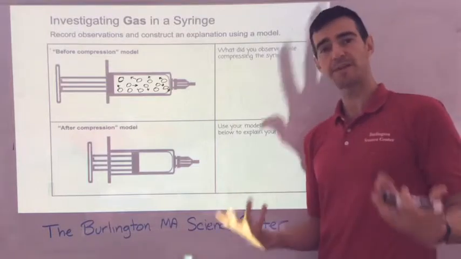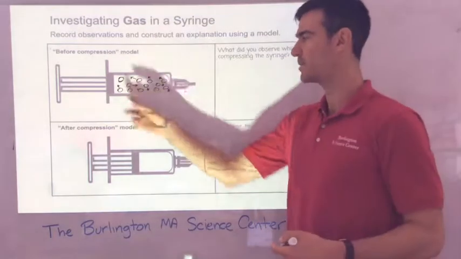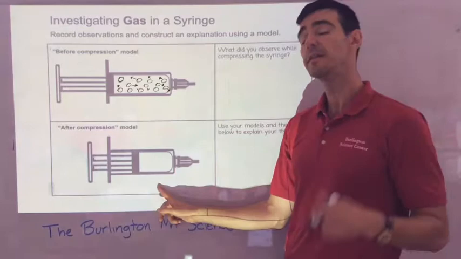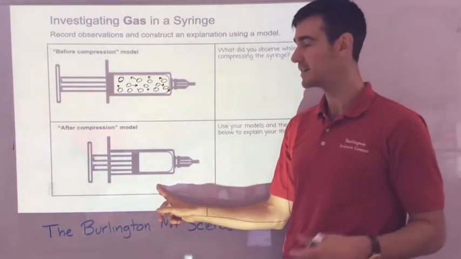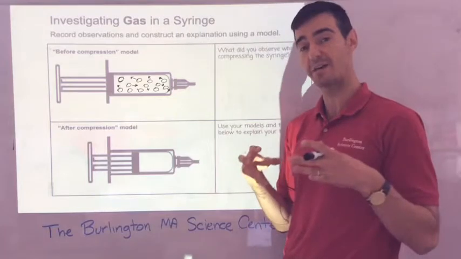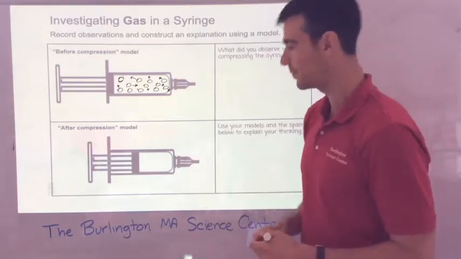So one of the things you'll be asking your students is to think about how many particles there are in the before model compared to the after model. This will help us get to that other idea around the conservation of mass and conservation of matter, this cross-cutting concept, scale and quantity idea.